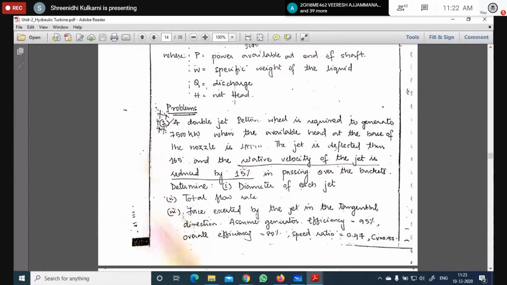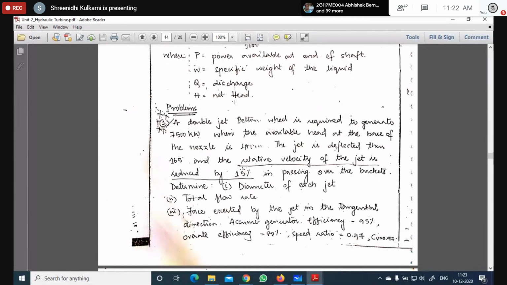But if you go to any hydraulic power station, it is not a single jet. I visited the Sharavati power plant near Shivamogga.